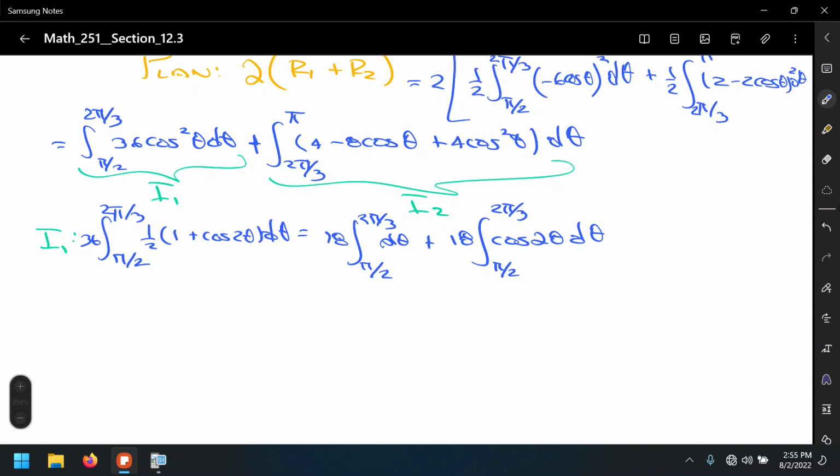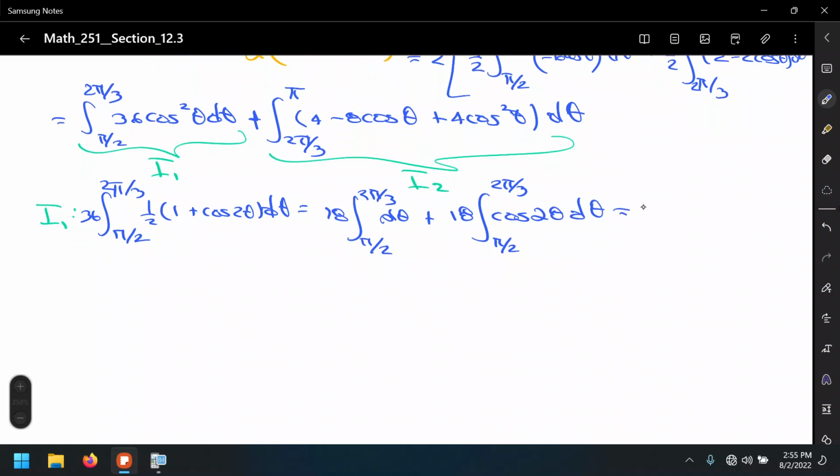Alright, and we can easily integrate these two terms. The integral of d theta is theta, 18 theta, and the integral of cosine is positive sine, but we have a 2 theta, that's 1/2, so 18 times 1/2 sine 2 theta, going from pi over 2 to 2 pi over 3.